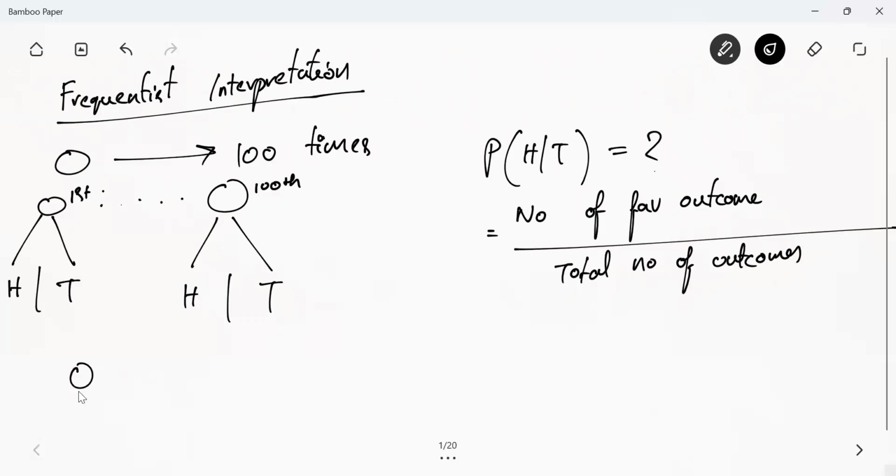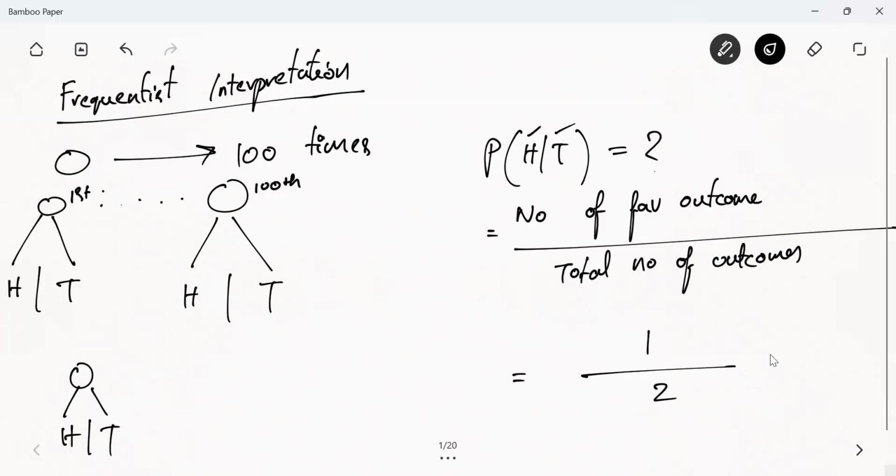For one single flip, there will be two outcomes. So the total number of outcomes is 2. But here we are only interested in either heads or tails, not both. So our number of favorable outcomes would be just one. So I would say 1 by 2.